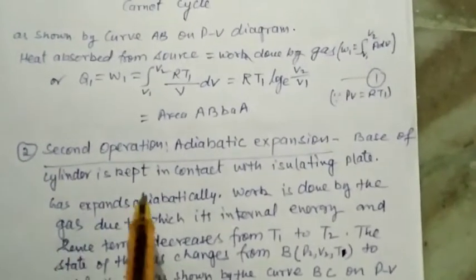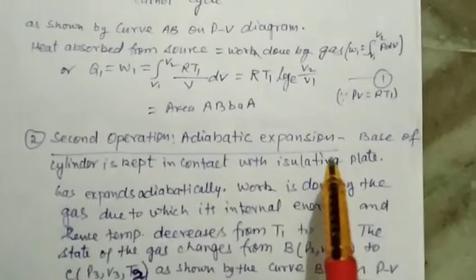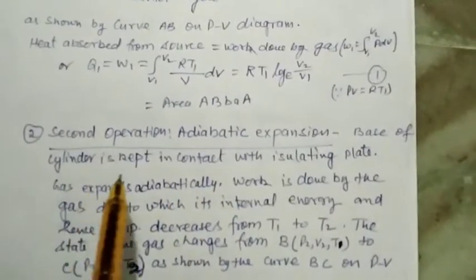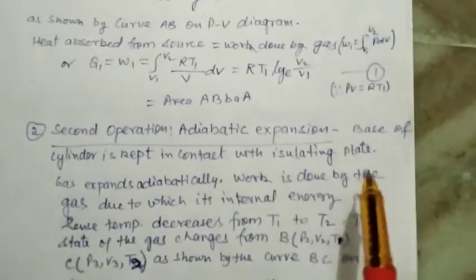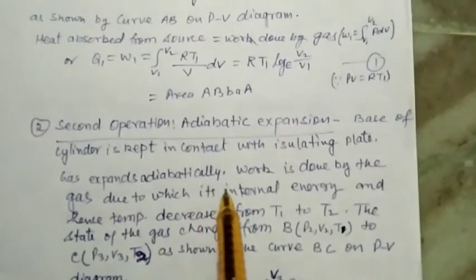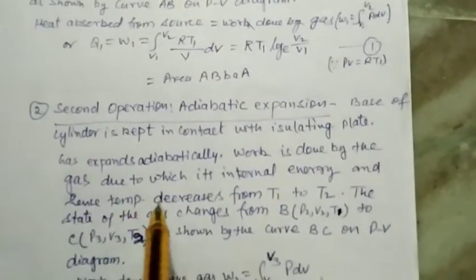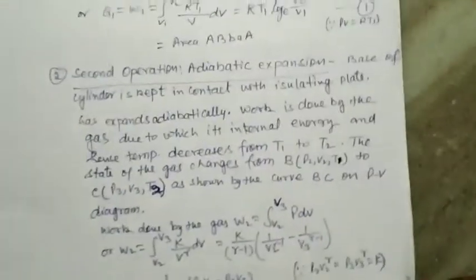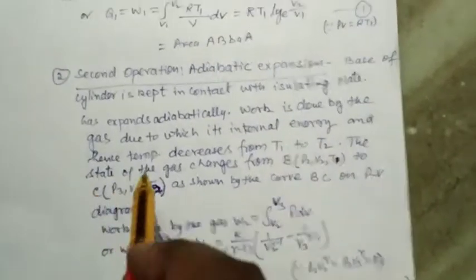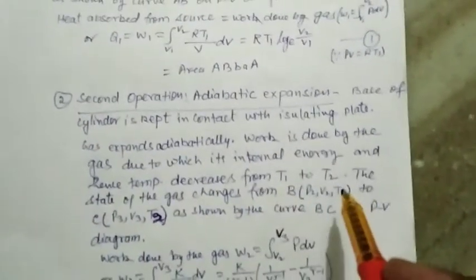Now the second operation is called adiabatic expansion. The base of the cylinder is kept in contact with the insulating plate. As I told you earlier, the gas expands adiabatically. Work is done by the gas, due to which its internal energy and hence temperature decreases from T1 to T2.